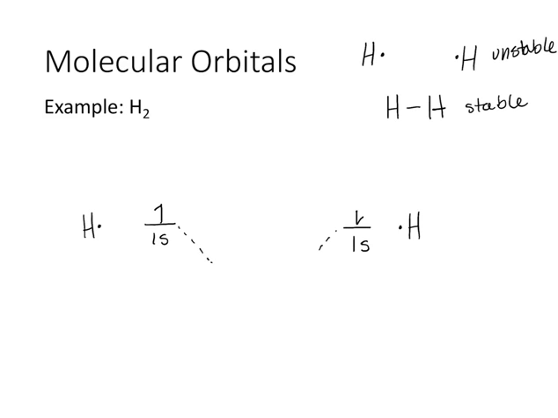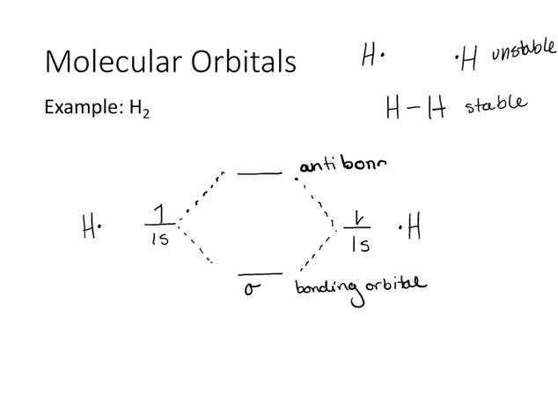So we have either a bonding orbital, and we call this a sigma bond, or we have an anti-bonding orbital. And we label this sigma star.